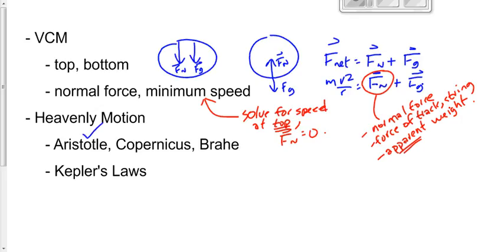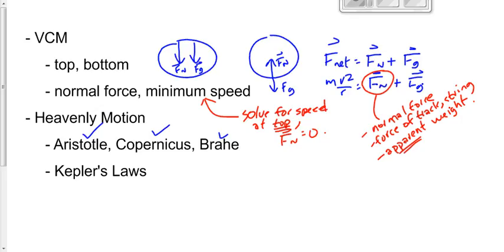Aristotle, remember, geocentric theory of the universe. Everything revolves around the Earth, including the sun. Copernicus, a couple thousand years later, heliocentric theory, which says the Earth and other planets revolve around the sun. Tycho Brahe, a little bit later on, he's the P guy, missing nose guy.